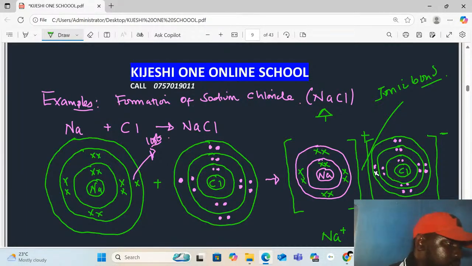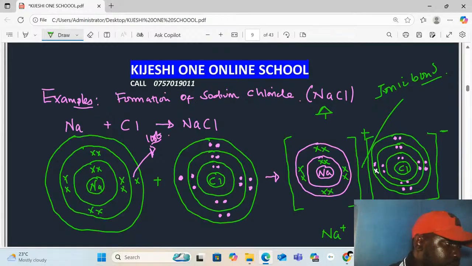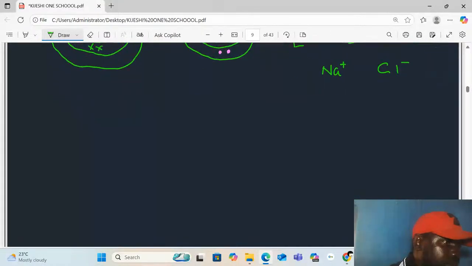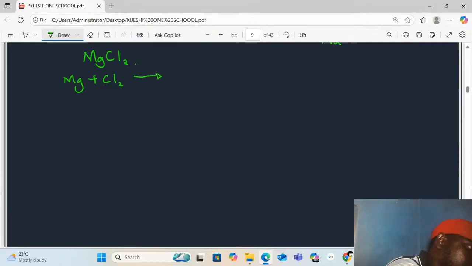Now I can proceed to the one for magnesium chloride. So this one is a result of magnesium reacting with chlorine, a gas. And then we form magnesium chloride like that.